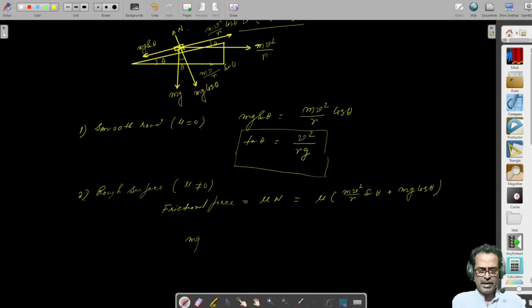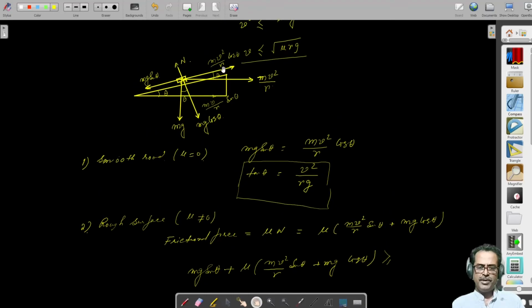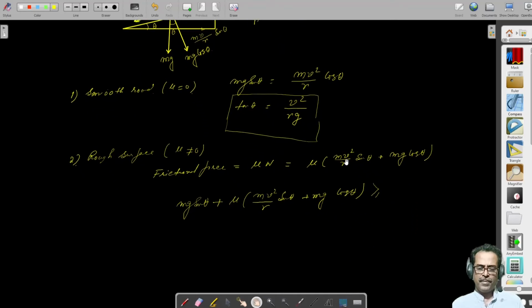So mg sin theta plus mu into (mv square by r sin theta plus mg cos theta), the total force along this direction, must be greater than or equal to mv square by r cos theta. Okay.